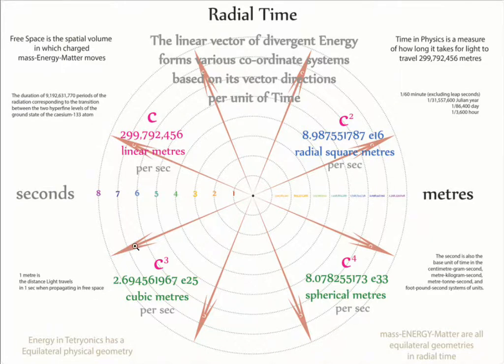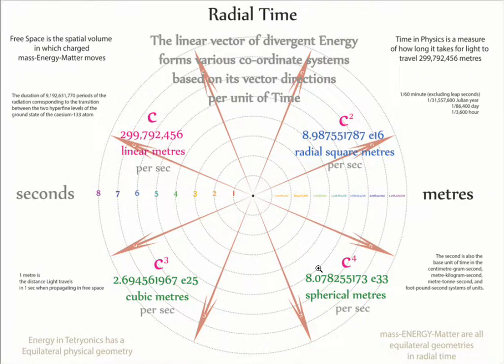Again, as we've just mentioned in the previous illustration, if we were to define our physics system, or the measured system, in terms of Cartesian coordinates, we would have c cubed for our units, or our volume of space. And in the case of spherical measurements, we have c to the fourth.